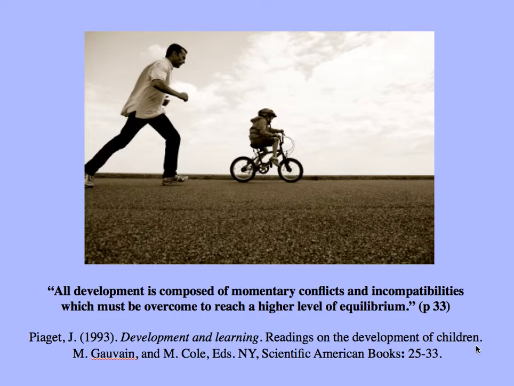So Piaget says all development is composed of these kinds of momentary conflicts and incompatibilities which must be overcome to reach a higher level of equilibrium. So that's what's happening. Like this child used to just walk, now can ride and balance on a bike without training wheels, negotiating the world in a more complex, more sophisticated way.